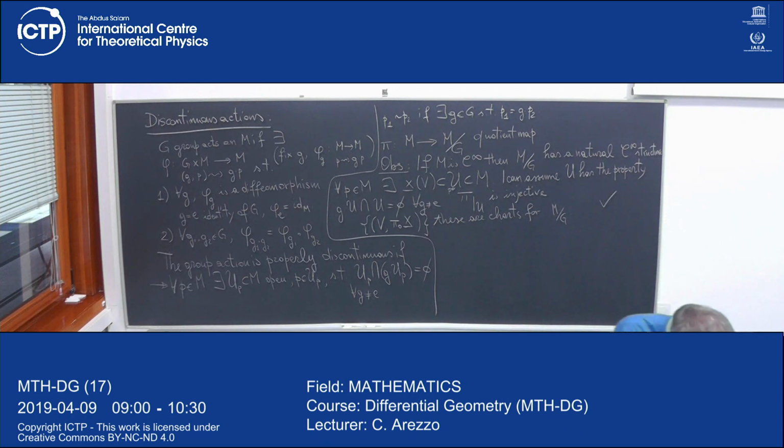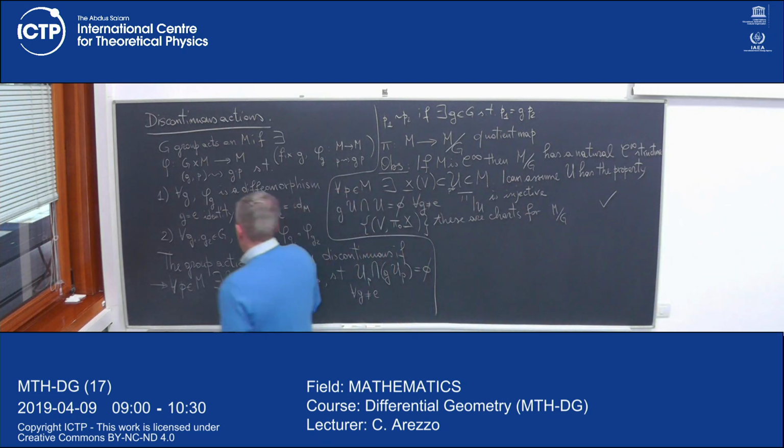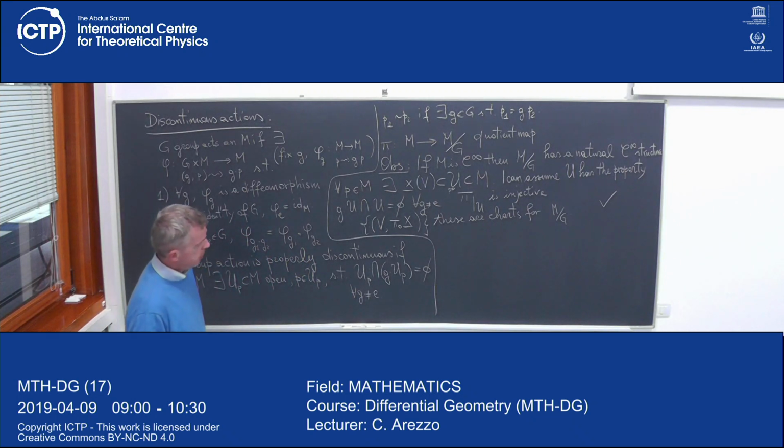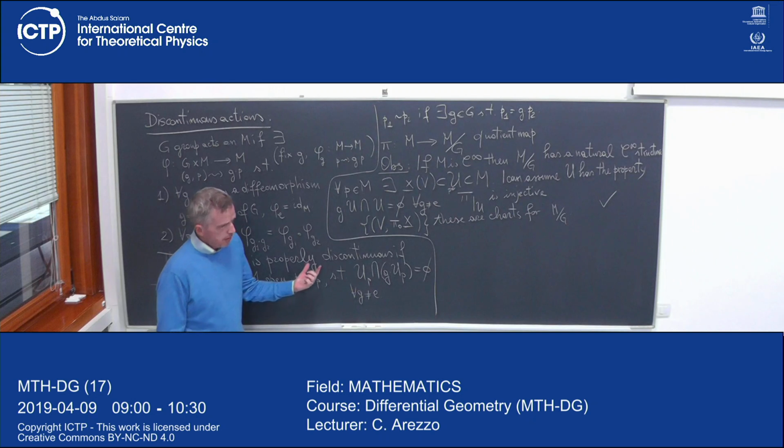We saw as an example the sphere and the projective space, but there is certainly another very famous, in fact, probably the first case, which also explains a little bit this name of properly discontinuous. You see, properly discontinuous, I mean, this is just a psychological thing. I remember being a bit disturbed when I was a student.